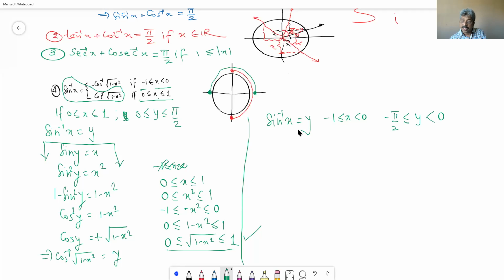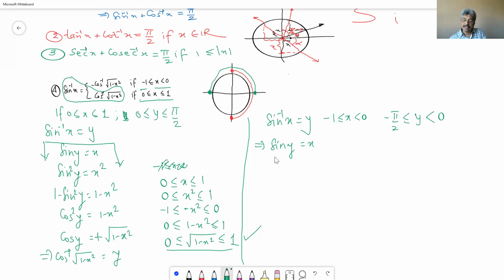Now this is important. You are dealing with sine inverse of x, which is equal to y. Y is an angle. If x is between minus 1 to 1, your angle is bound to be between minus pi by 2 to 0. Okay. Therefore, sine y is equal to x.